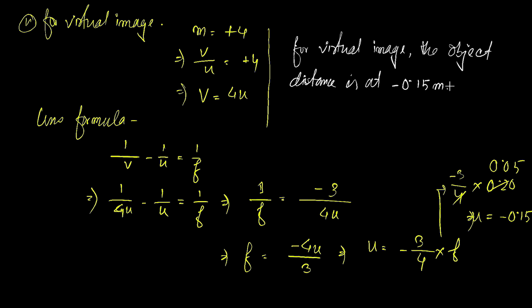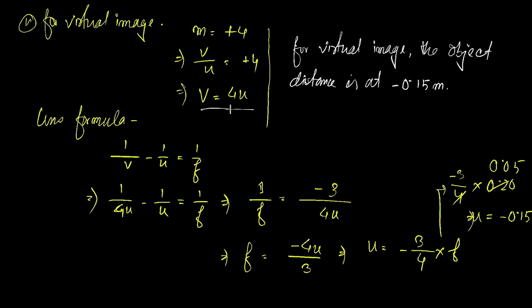Simple question. See, basically, whenever the virtual image is given, we can say that the magnification becomes what? Positive. Again, if the magnification is positive, there will be no negative sign in this relation. And from this relation, we can say that the image distance is going to be, not twice, but 4 times the object distance.